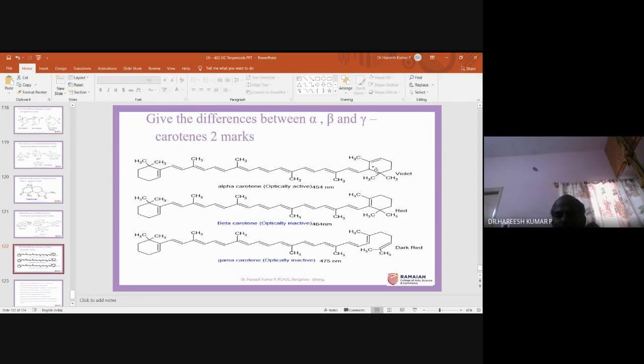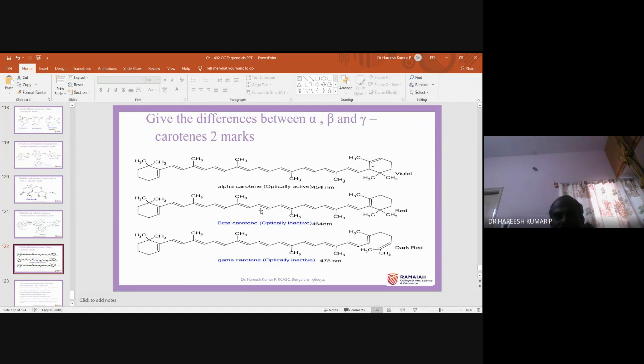It contains one chiral carbon atom. That is the speciality of alpha carotene. Another is the absorbance, which is around 454 nanometer. And alpha carotene shows a violet color. That is one more.